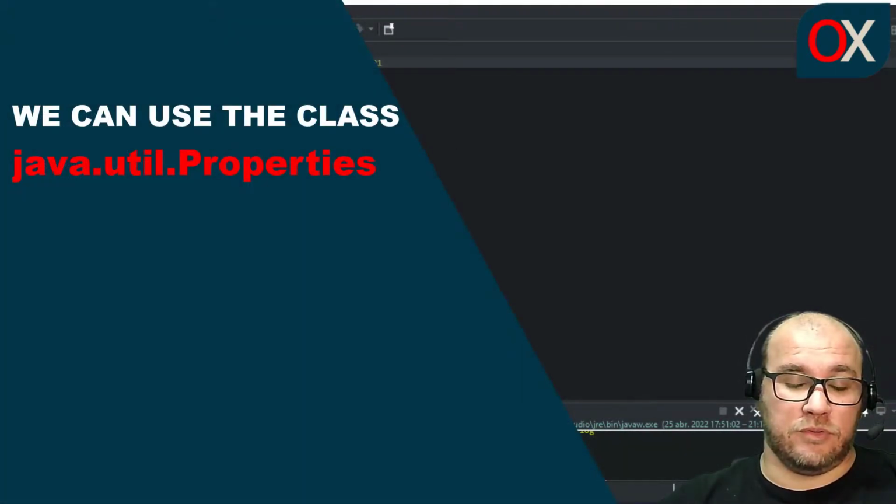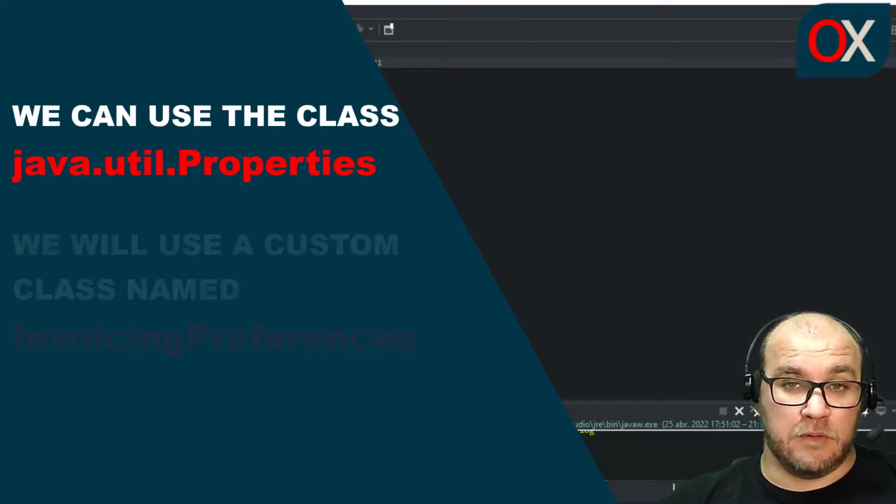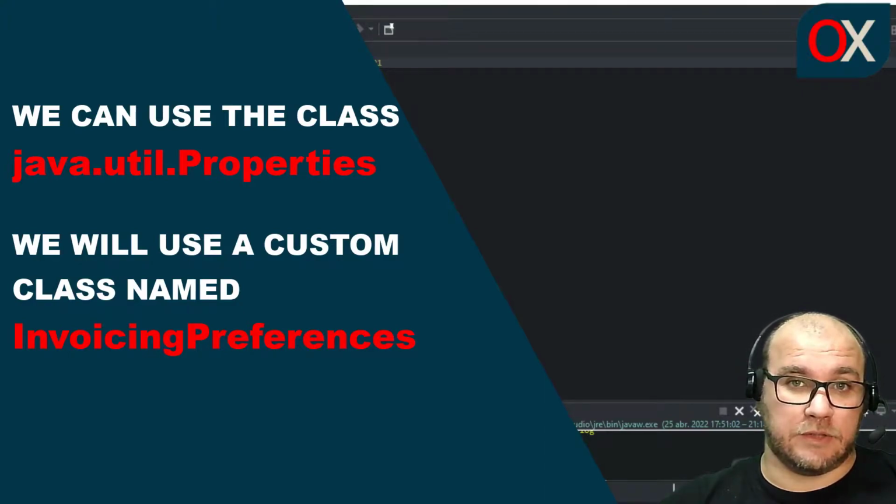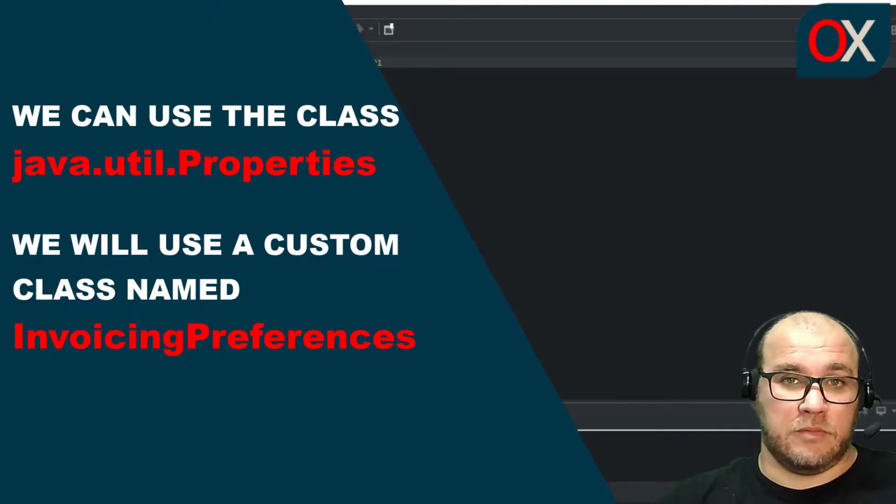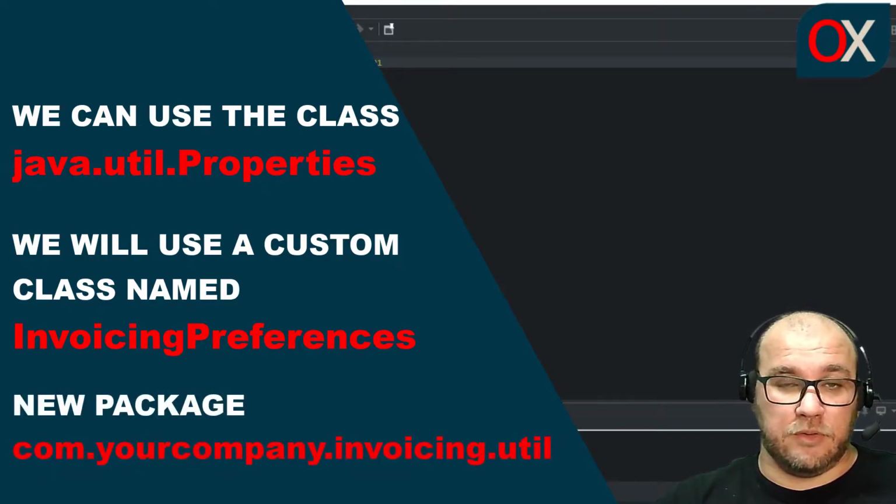So we can use the Java util Properties class from Java to read this file. We prefer to create a custom class to read these properties. So we are going to call this class InvoicingPreferences, and we will put it in a new package named com.yourcompany.invoicing.util. Let's do it.